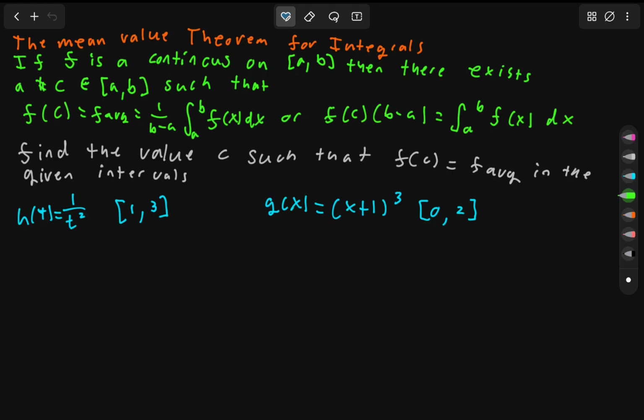The mean value theorem for integrals states that if f is a continuous function on the interval a to b, then there exists a number c within the interval a to b such that f of c is equal to the average value of f, which is equal to 1 over b minus a times the integral from a to b of f of x dx, or otherwise stated as f of c times b minus a is equal to the integral from a to b of f of x dx. Alright.